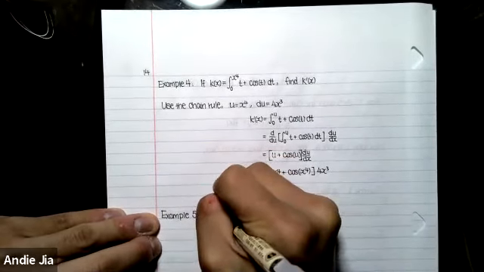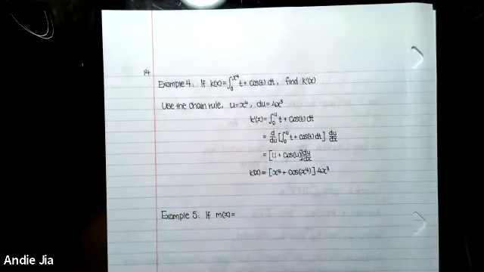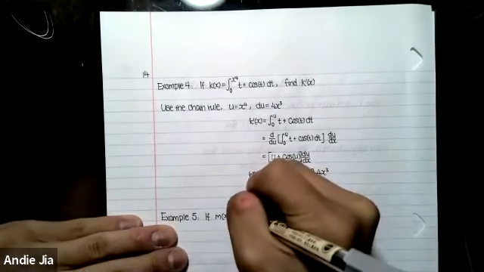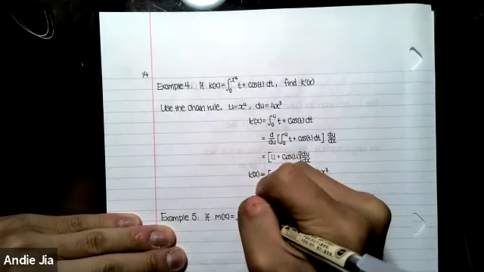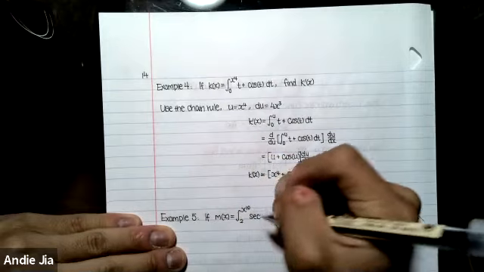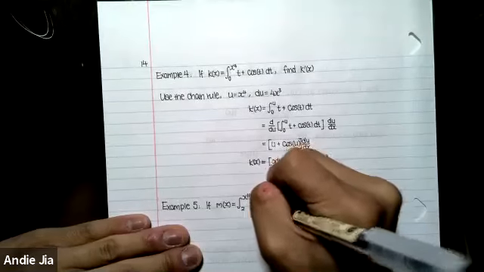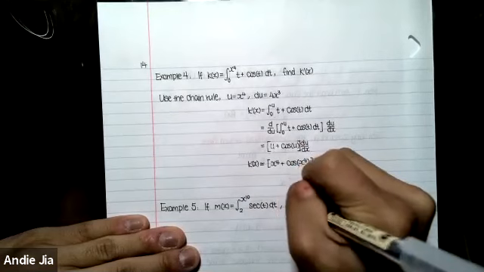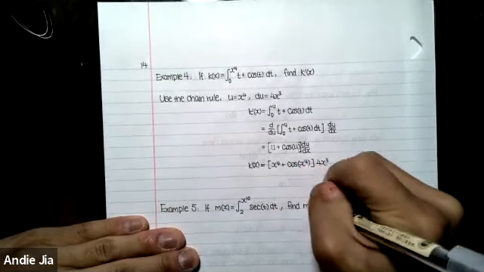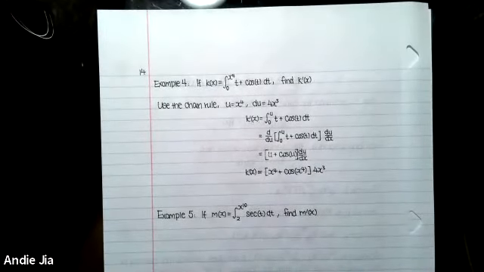If m of x is equal to the integral from 2 to x to the 10th of secant of t dt, find m prime of x. Maybe pause the video, try to solve the problem on your own, perhaps it is on the exam.